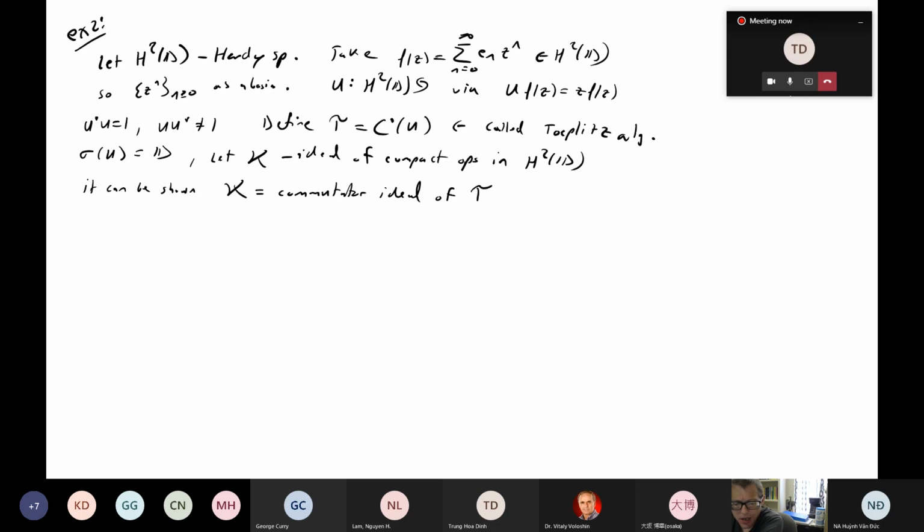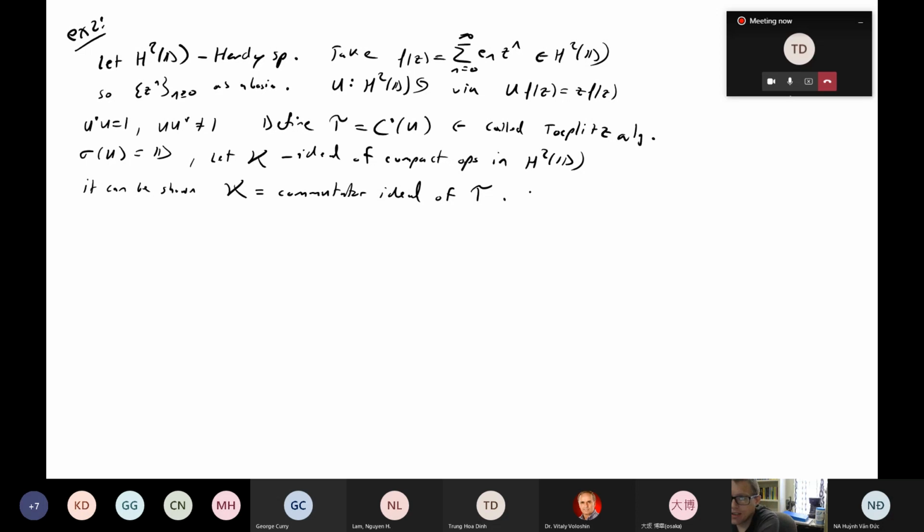All right, so this actually turns out to be the compact operators. So you can kind of view the compact operators sitting inside this algebra. Okay, well, it is an ideal, right? And so I can quotient by ideals.